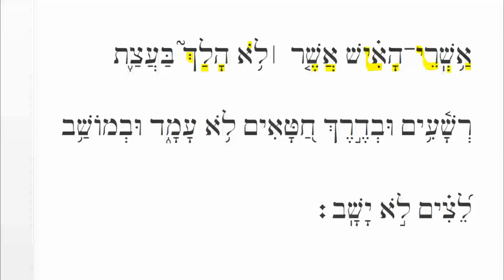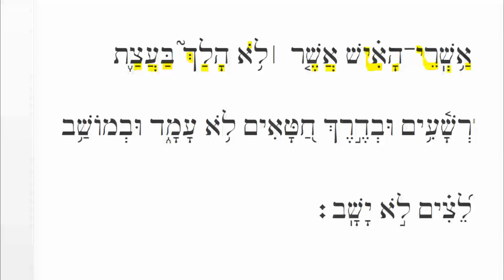So we have halach. Our next word here is ba'atzat. And so we have the bet, we have a patach. The ayin, we have a reduced vowel, hatef patach. And then the tsade, we have a patach. So we have ba'atzat.